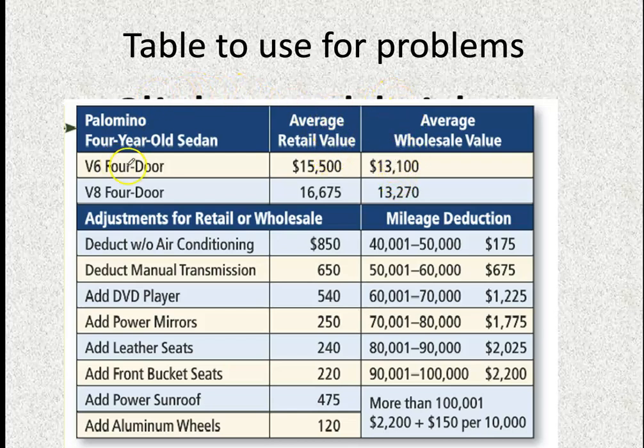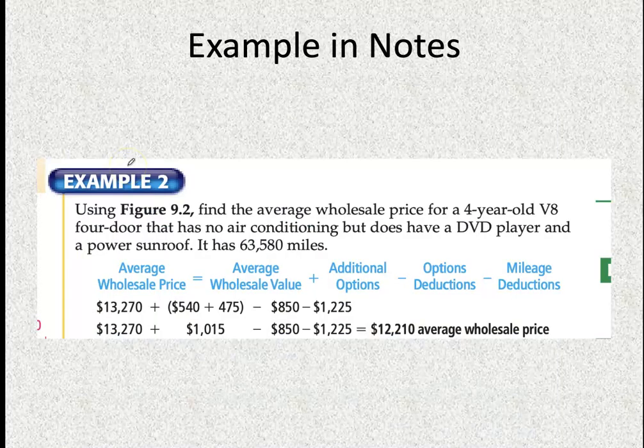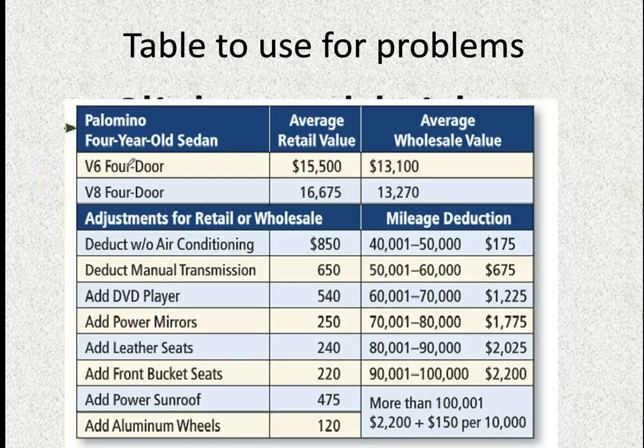So if we go back to that problem, it says average wholesale price of a 4-year-old V8, okay? Wholesale price of a V8 was $13,270. So you can see what your problem says, and then you have to match the words in the chart. Okay, so that's the first part.